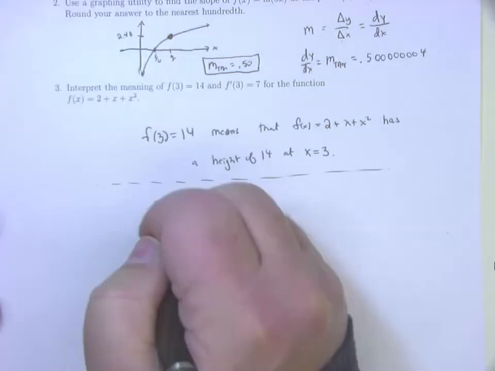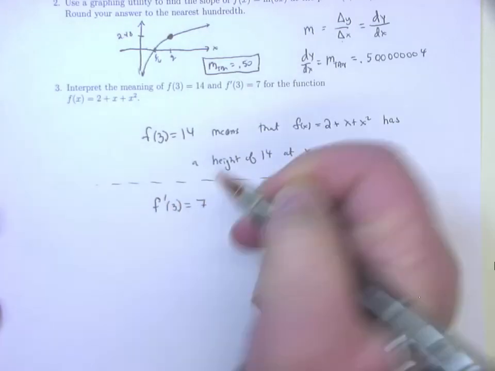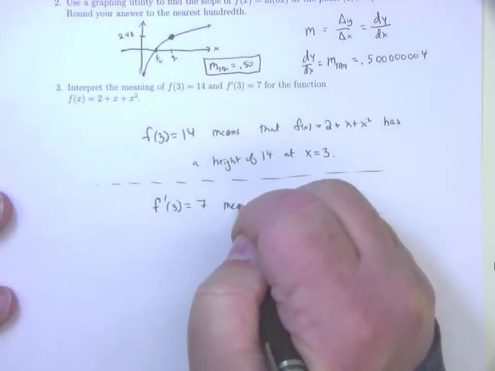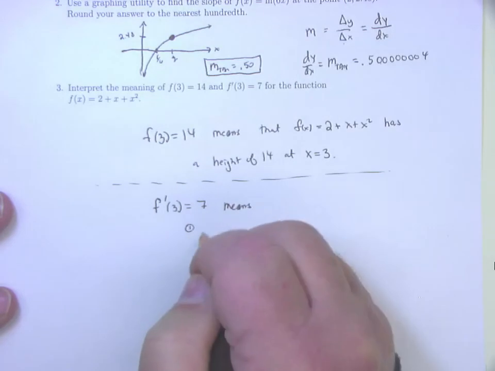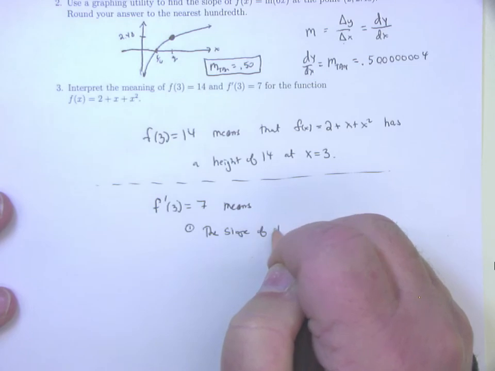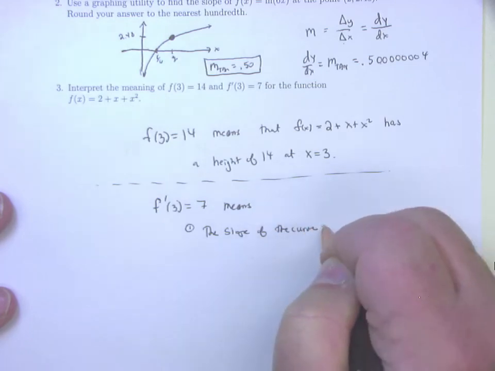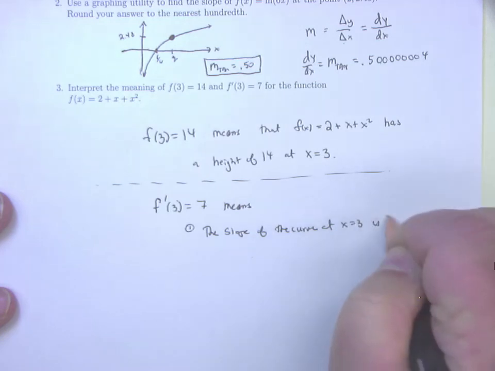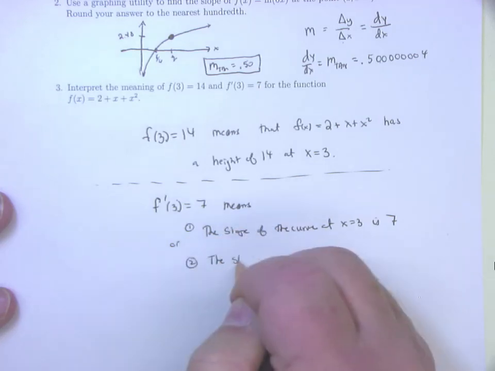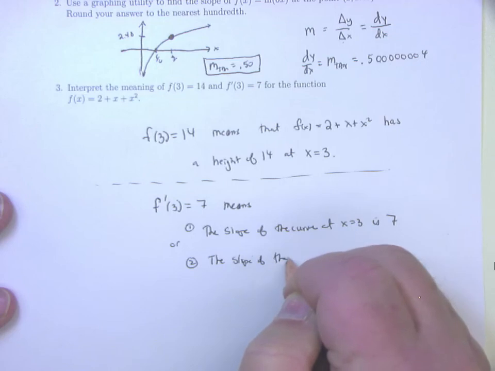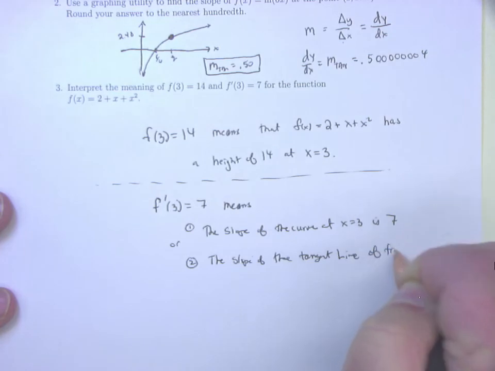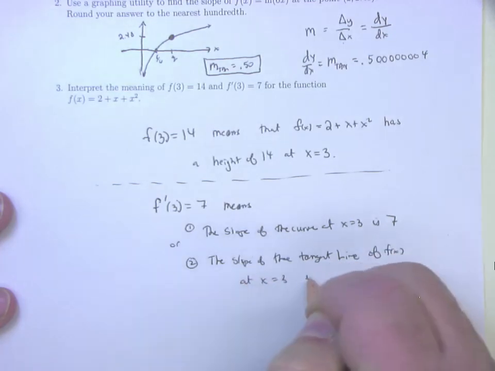Now, f prime of 3 equals 7. We're going to have pretty much three different meanings here. The first one, we can say the slope of the curve at x equals 3 is 7. Number 2, the slope of the tangent line of f of x at x equals 3 is 7.